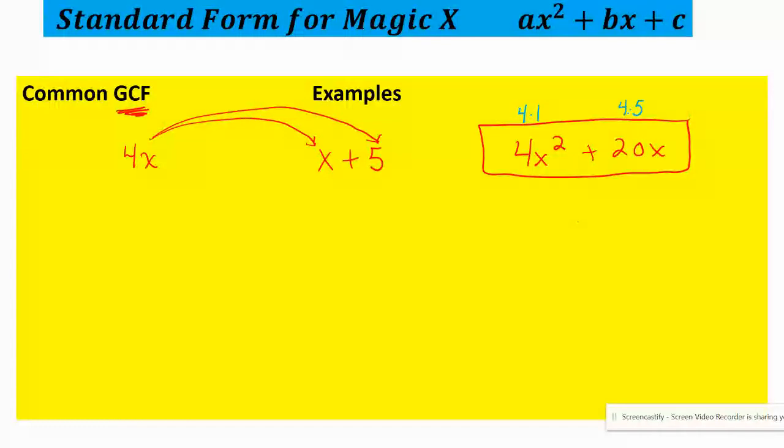So the common number is a 4. And then for the common letter, you always take out the smallest amount of variables or x's. So what's common, what we can take out is a 4 and the smallest amount of x's.